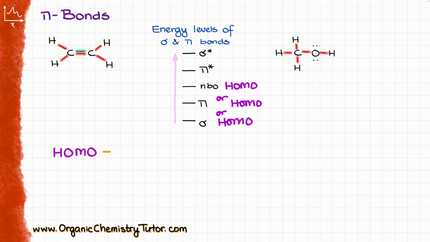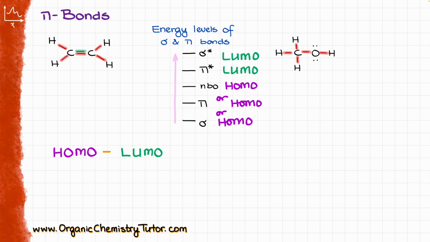And another term that we need to know is the lowest unoccupied molecular orbital, or LUMO for short. LUMO is literally the very next orbital where you do not have any electrons. So LUMO can be either your pi star orbital, or maybe it can be the sigma star orbital, depending on how the molecule looks and whichever orbital is right next.